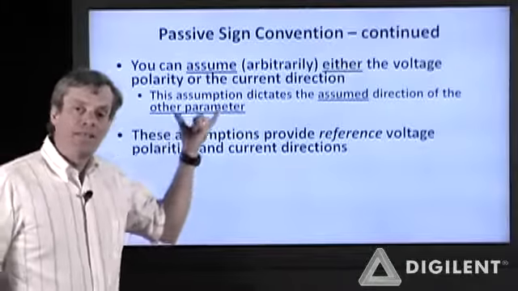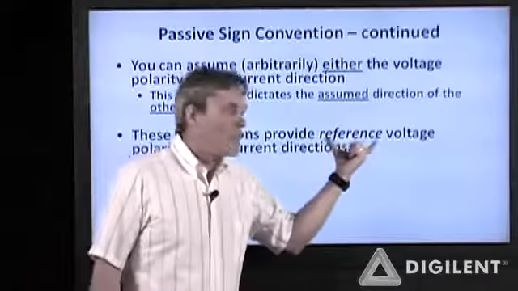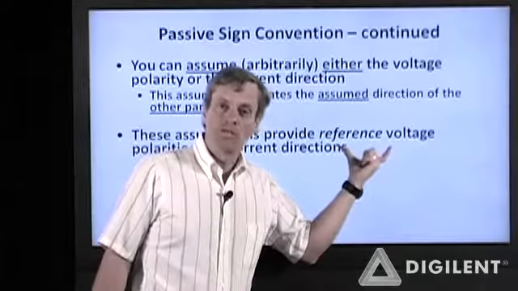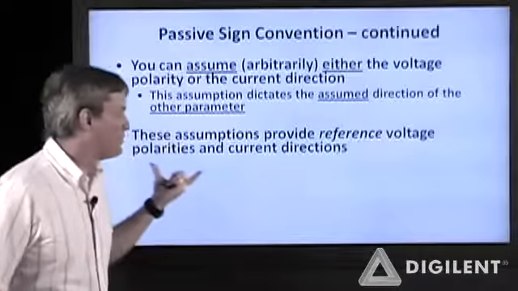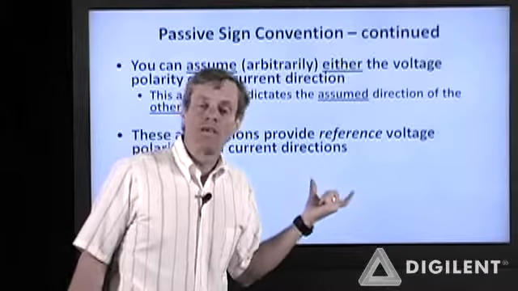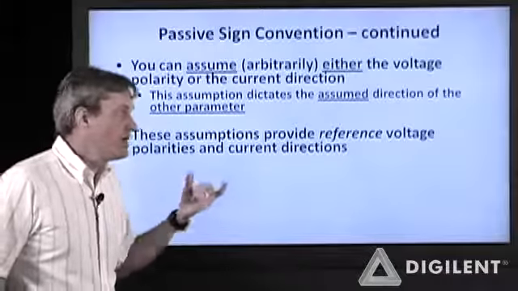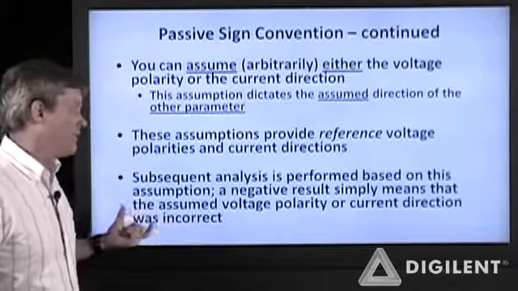The reason that individually they don't matter is that what you're doing is assigning reference directions for these. You have a reference voltage polarity. You have a reference current direction. It tells you what you think the positive direction is. Okay? Your numbers can turn out to be negative. Okay?